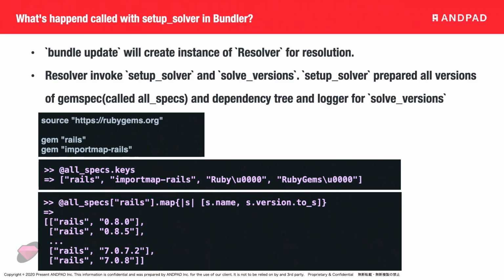It returns Rails 7.0.8. And it contains all the versions of importmap-rails and Active Record, Active Support, and Nokogiri, and all the other gems. So Bundler will slow down in the future.